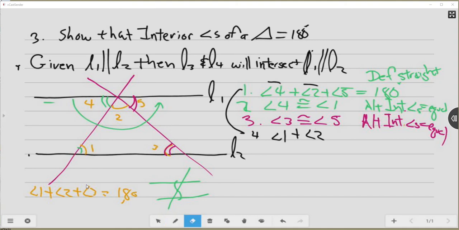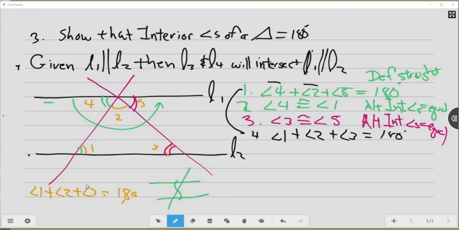So now I'm just going to substitute angle 5 with angle 3. Now I'm saying that this is still equal to 180 degrees. What is it we were meant to show?